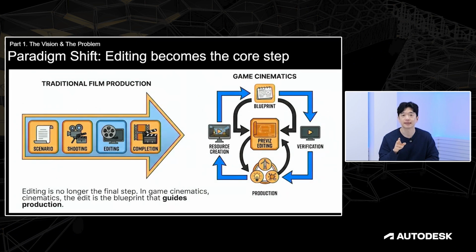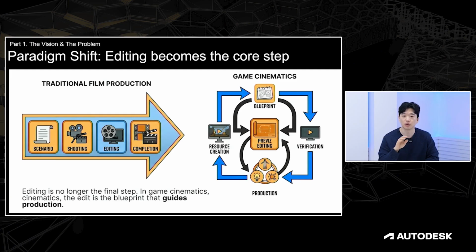In the past, editing came at the very end of the production pipeline. It was mainly used to assemble and polish the final result after everything was already created. But today, things have changed. In modern filmmaking and game cinematics, editing now begins much earlier, starting in the previous stage.